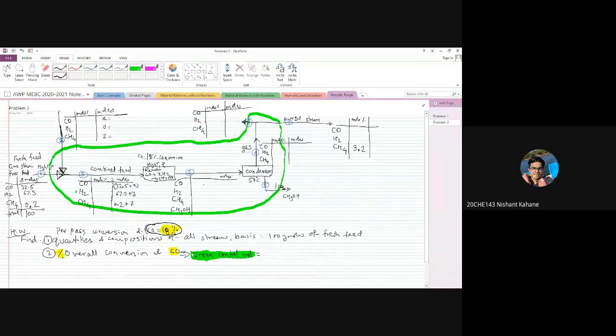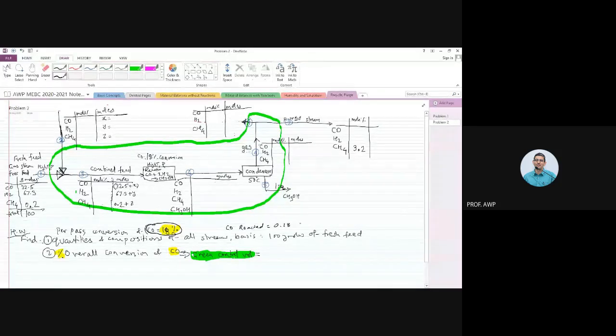Yeah, go ahead, I'm listening. I'm writing whatever you're saying. The amount of CO reacted will be equal to the amount of methanol formed. So CO reacted would be 0.18 multiplied by 32.5 plus X. Is that what you are saying? Yes, sir. And the stoichiometry is CO plus two hydrogens giving us methanol.